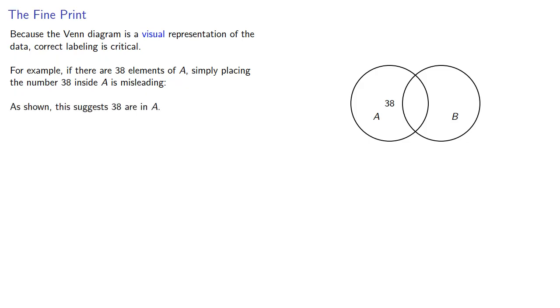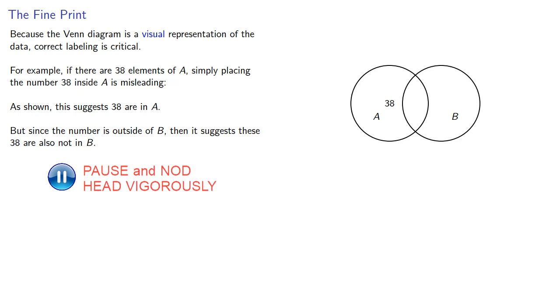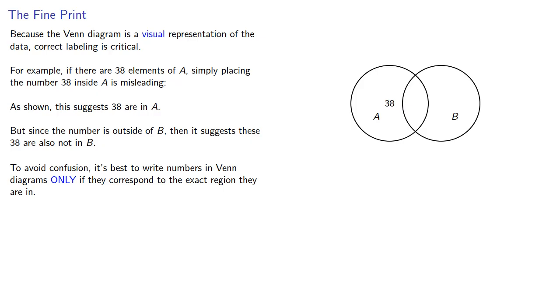As shown, this suggests there are 38 in A, but since where we've written the number is outside of B, it suggests that these 38 are also not in B. And we might not want to assume that. To avoid confusion, it's best to write numbers in Venn diagrams only if they correspond to the exact region they're in.